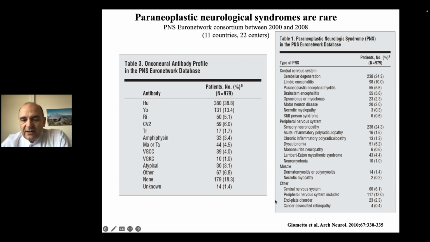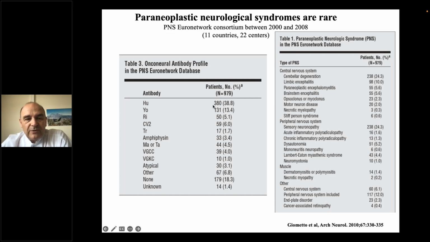You can see a study published in 2010, the results of a network in Europe that was active between 2000 and 2008 in 11 countries and 22 centers. We identified fewer than 1,000 patients, so it was clearly a very rare disease.